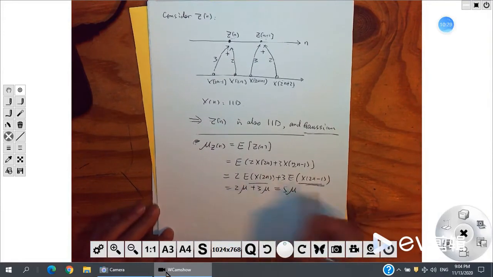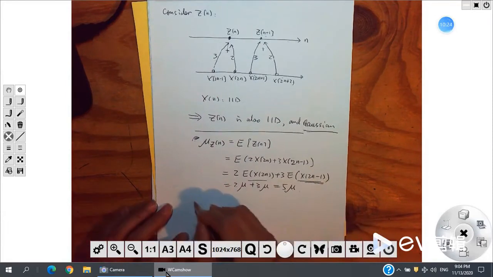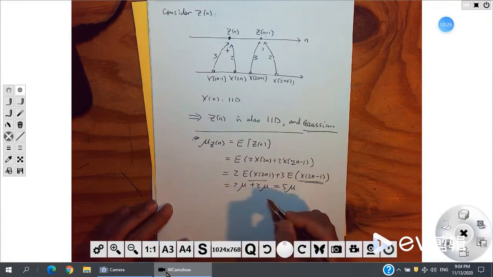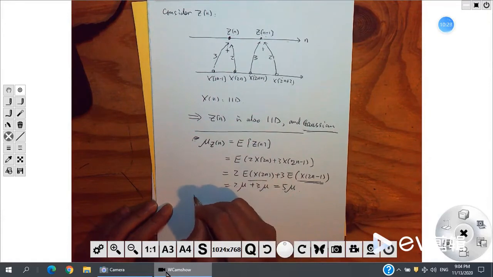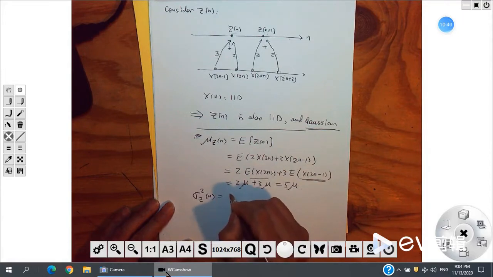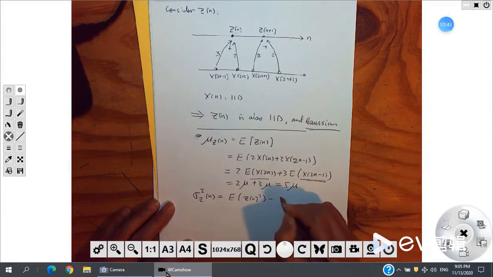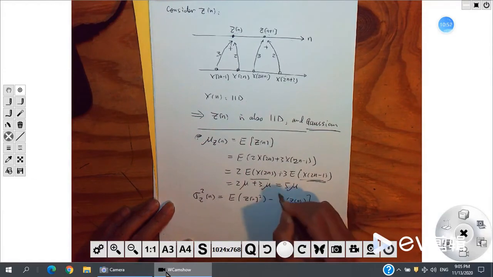And the second parameter, we want to know the variance. Actually, we can have the variance. Variance, I use this notation, sigma squared z of n. This one will be E of z of n squared minus E of z of n, squared. Right?